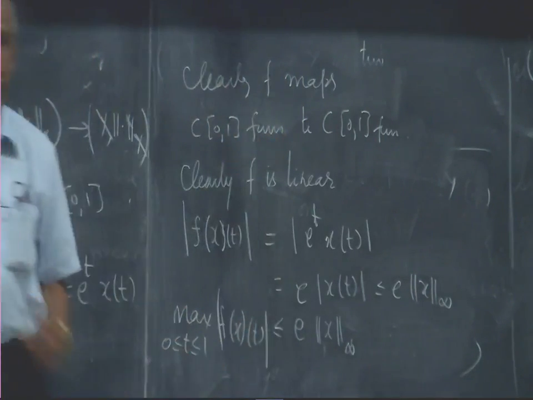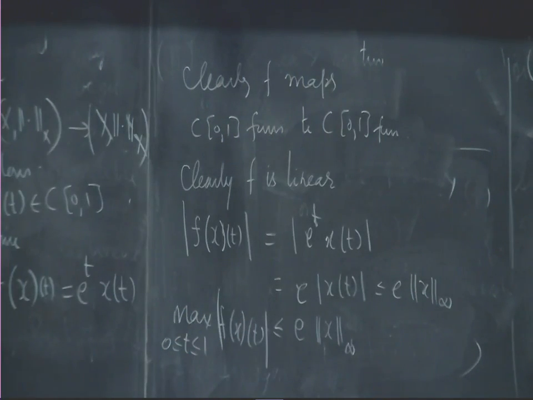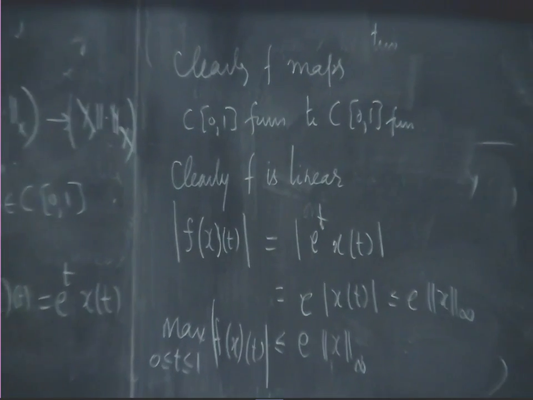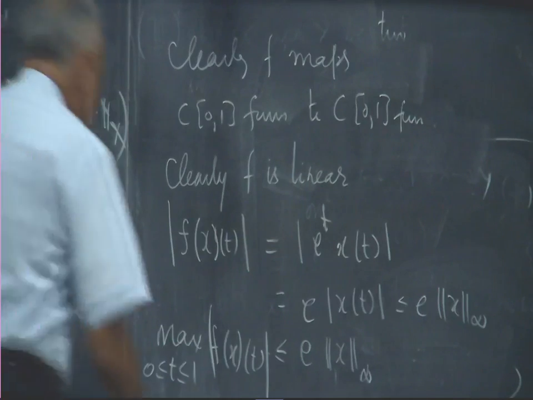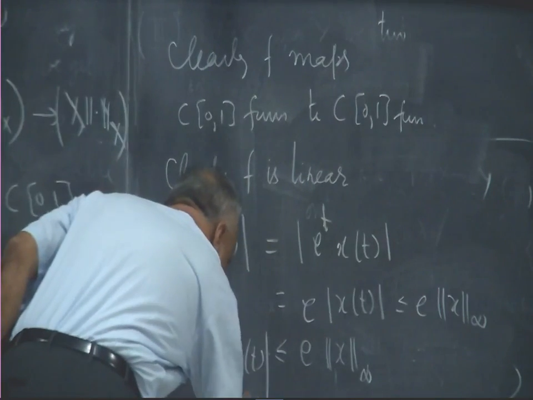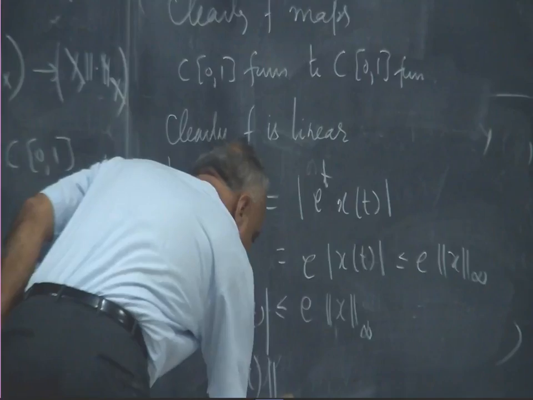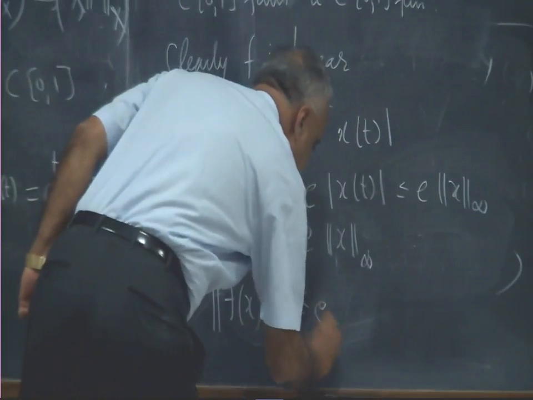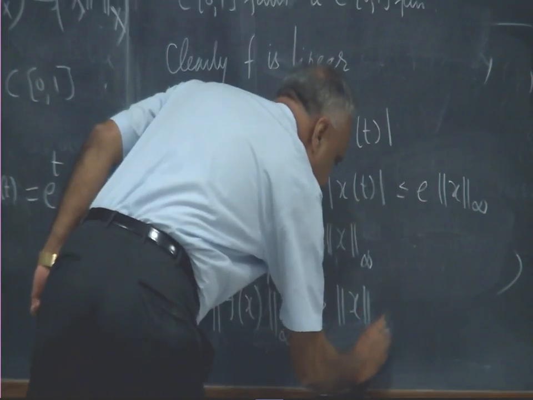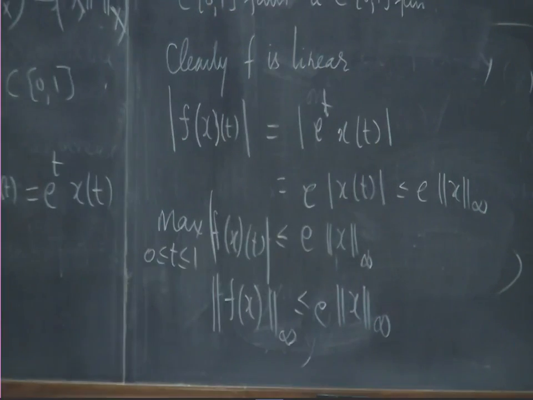The coded function at every point t should be below this line. Therefore the maximum could not have crossed that barrier, and that maximum is what is called the norm of the coded function. The norm of the coded function is less than or equal to e times the norm of the original function. What does that mean?